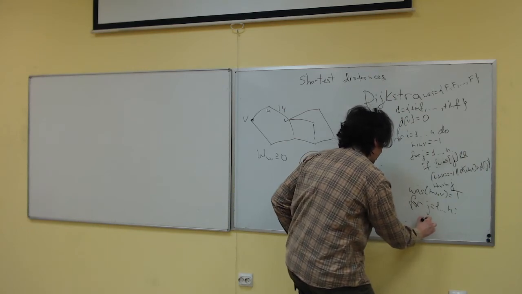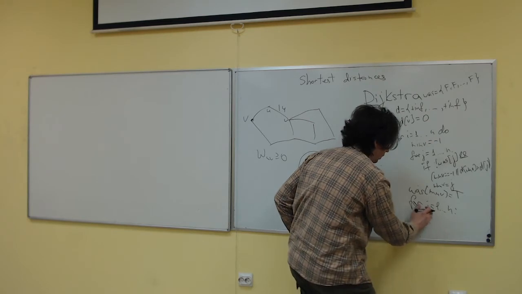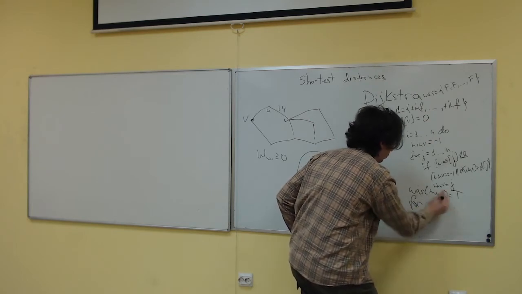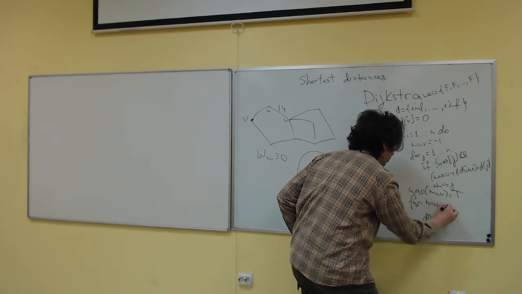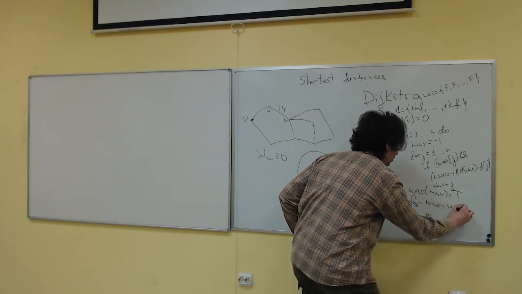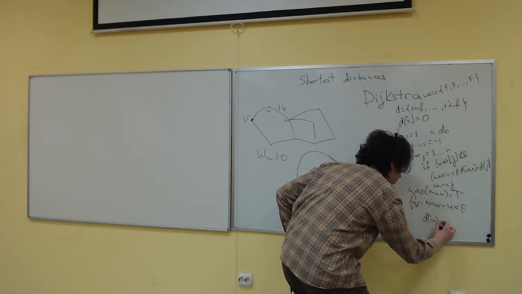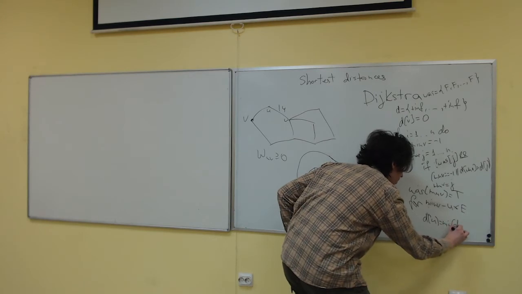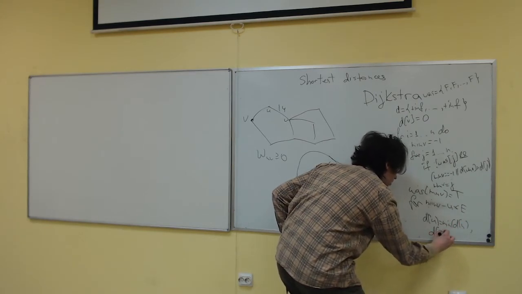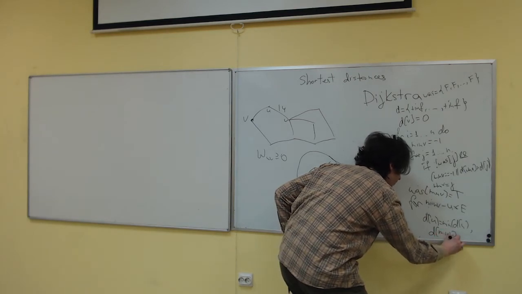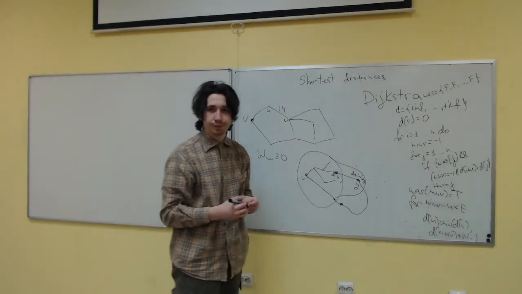We just go over all the edges min v to u in E, and we say d of u equals min of d of u and d of min v plus the weight of this edge.